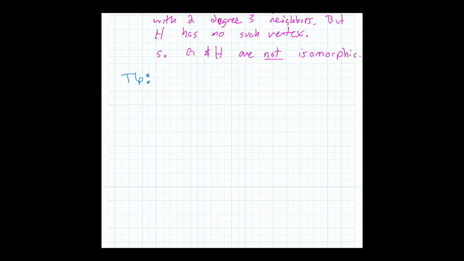Tip 1. To show isomorphic, find the function.